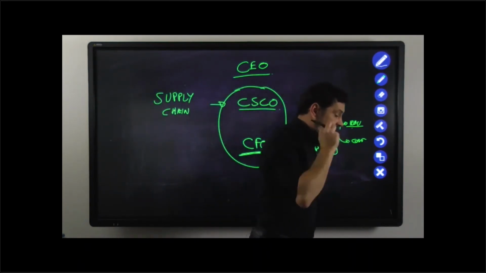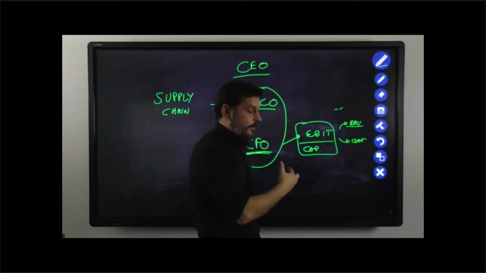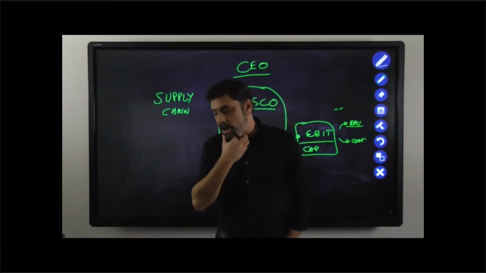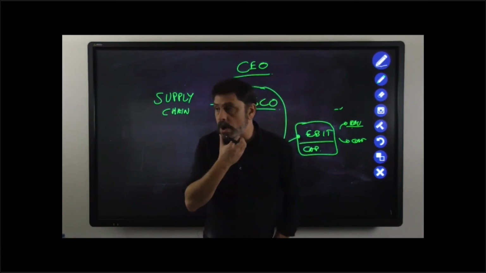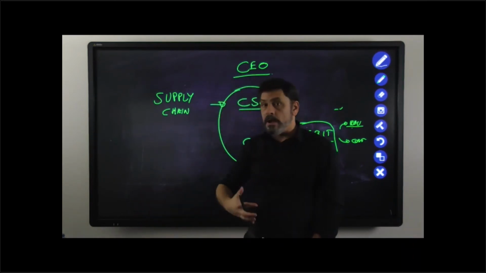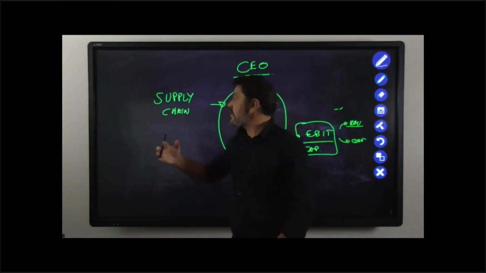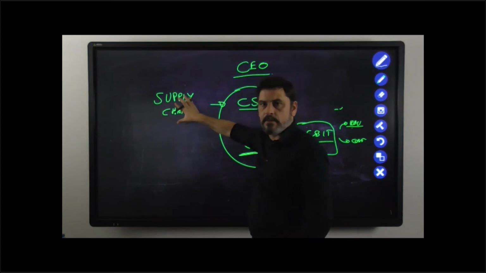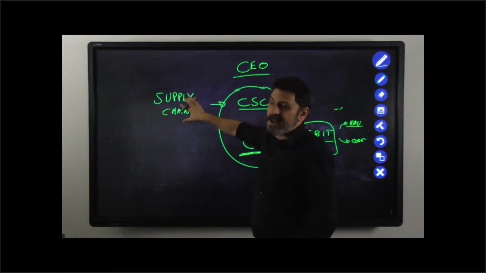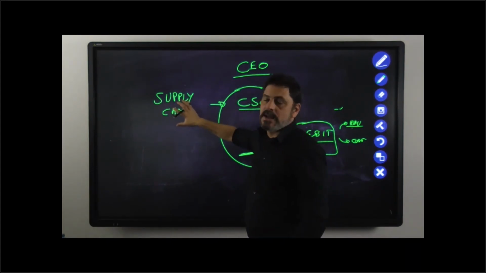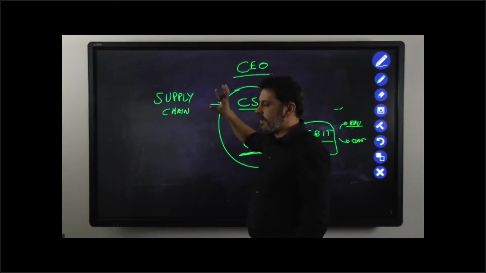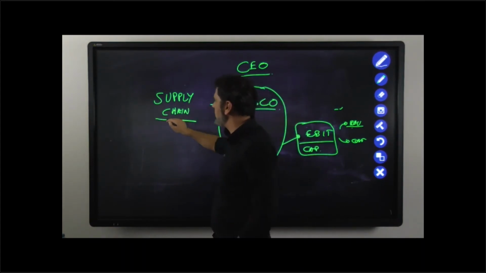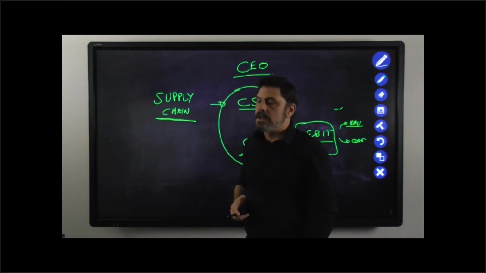Easier said than done. And yes, I know there are some arguments out there to put it under the umbrella of, for instance, the CSO. So it's not a supply chain thing anymore, S&OP. And I do understand that. But if you're looking at it that way, I think you're putting supply chain way too much on the operational level. Yes.